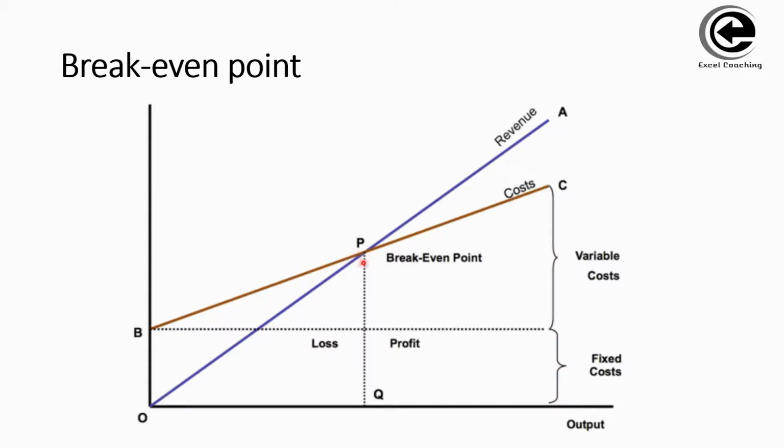The point they meet is that break-even point. This is important to understand as it tells you the level of production you can target to make a certain level of profit. Once you understand this important concept, you can do lots of simple analysis that yields some pretty powerful results.